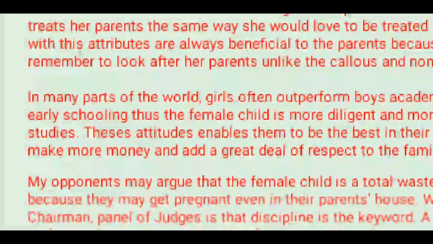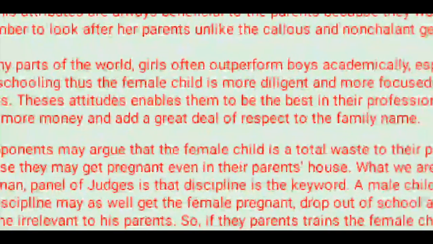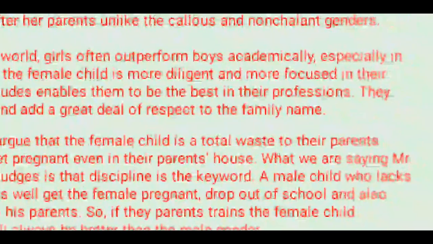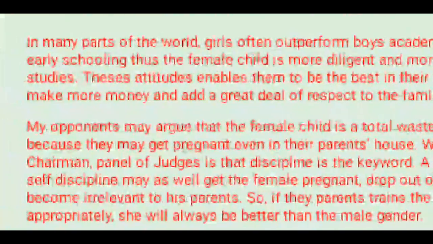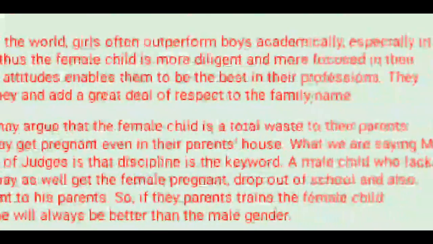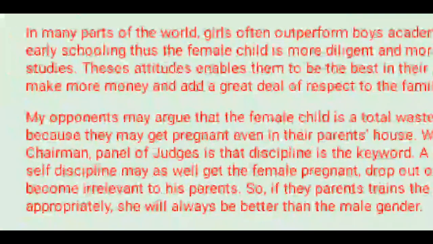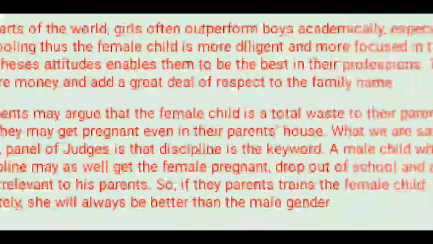Now let's see what the next paragraph says. "In many parts of the world, girls often outperform boys academically, especially in early schooling. Thus, the female child is more diligent and more focused in their studies. These attitudes enable them to be the best in their professions. They make more money and add a great deal of respect to the family name."